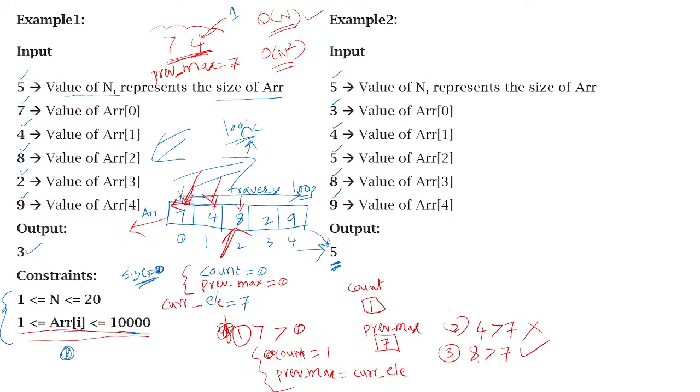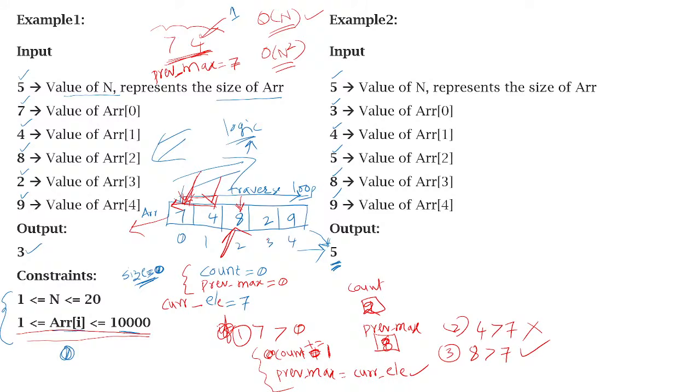Since it is greater, now you increment the count value, that means count plus equals 1 in the program. So the count value becomes 2 here. Then, since 8 is the maximum for the next element, the previous max becomes 8. So you execute this statement, and 8 becomes the previous max.